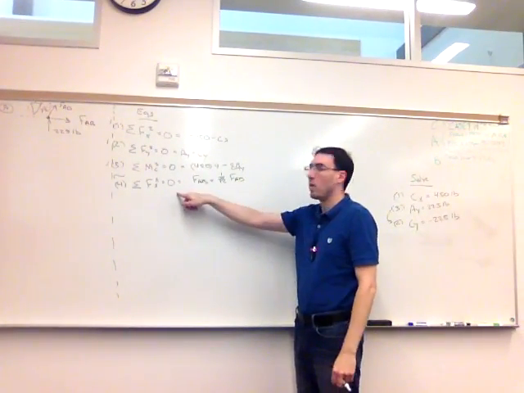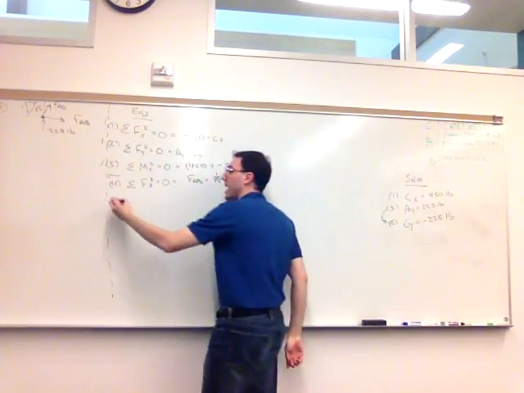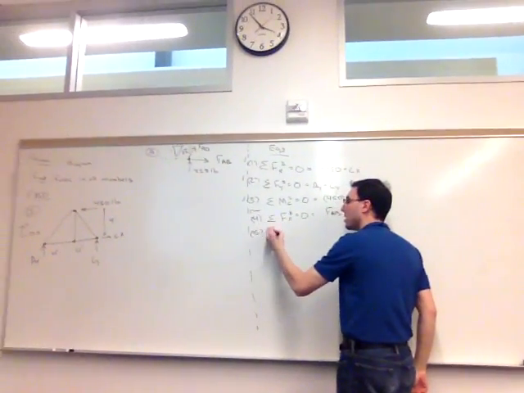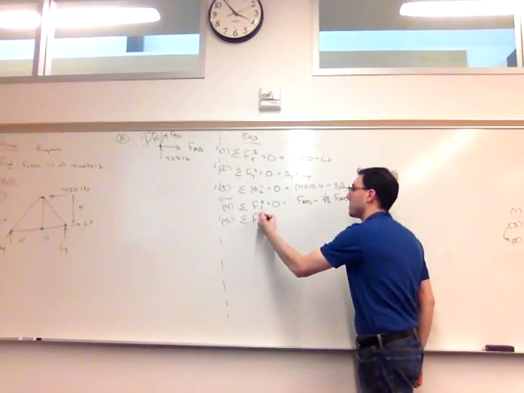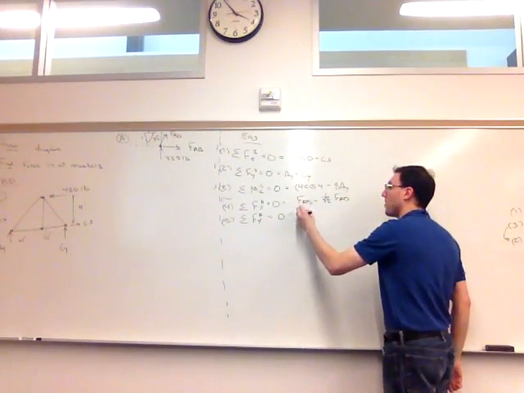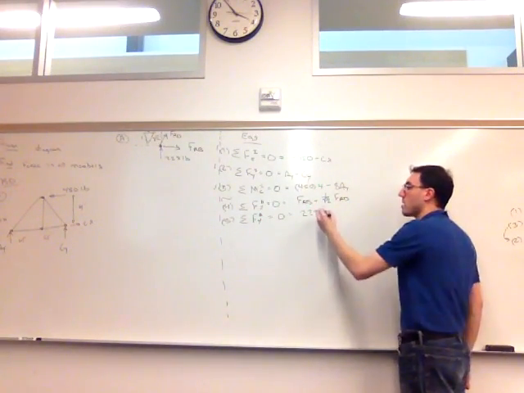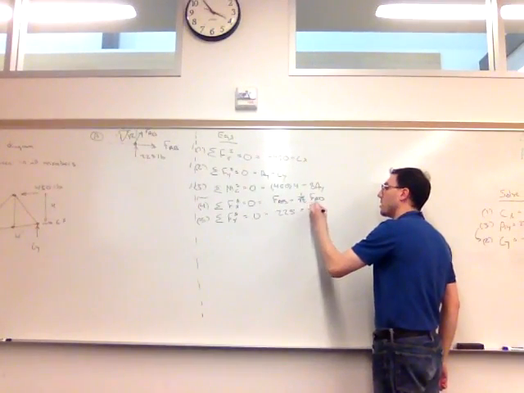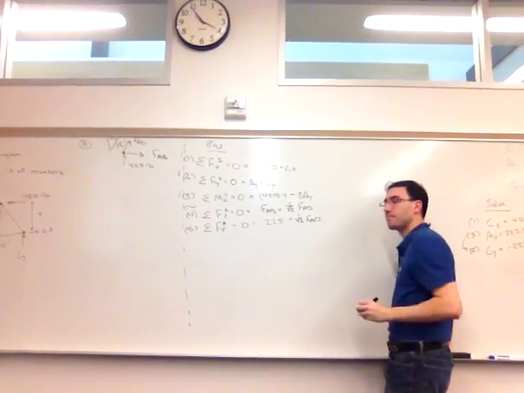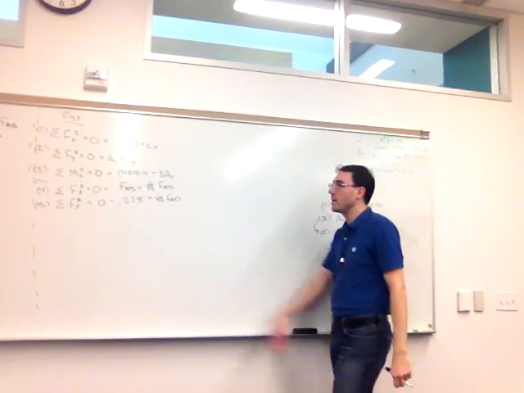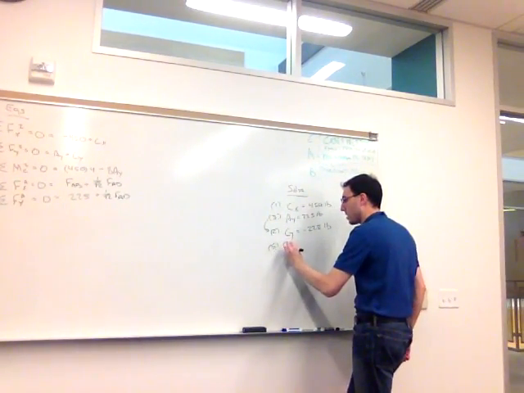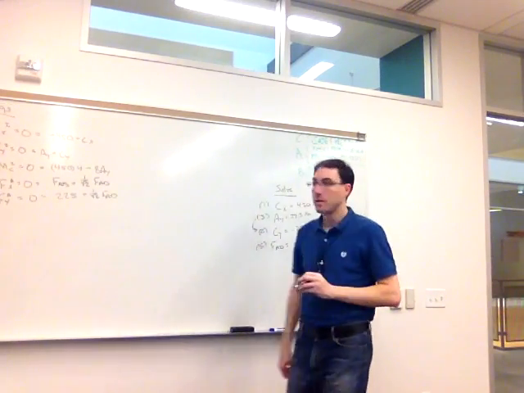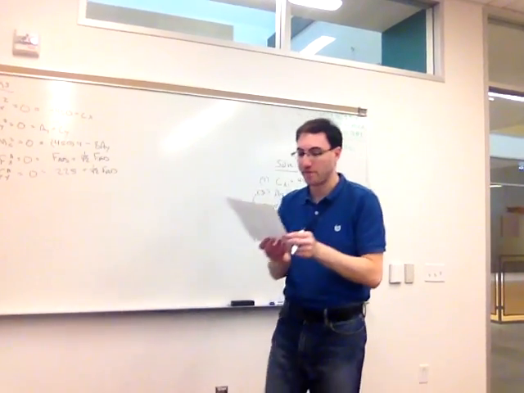We have 2 unknowns, 1 equation, so we can look at the y direction in A. In the y direction, we have the positive 225 from the roller plus 1 over √2 FAD. Using equation 5, the only unknown we have is FAD.